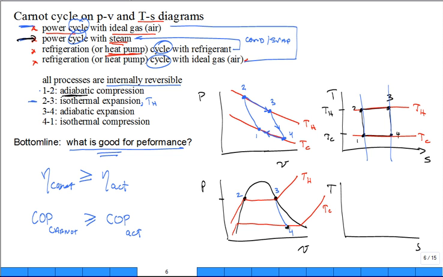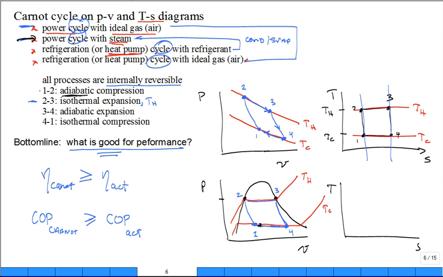Then you condense back to 1, but you pick 1 where you stop condensing, such that if you go from 1 to 2, the adiabatic compression, you perfectly land right on 2, which is saturated liquid. And there it is.